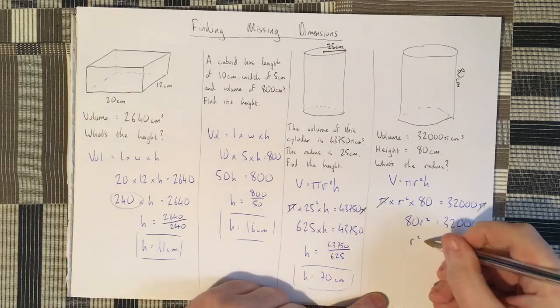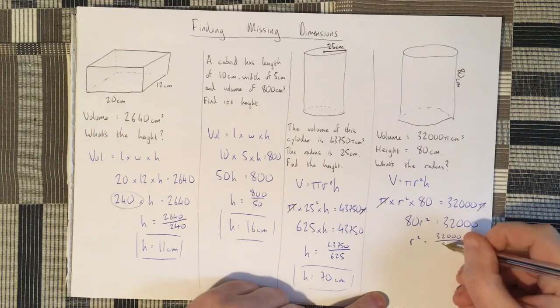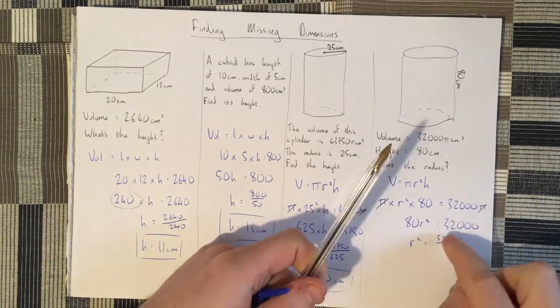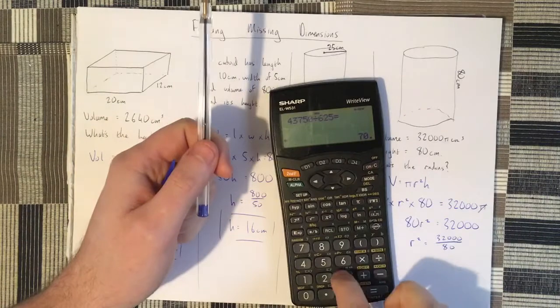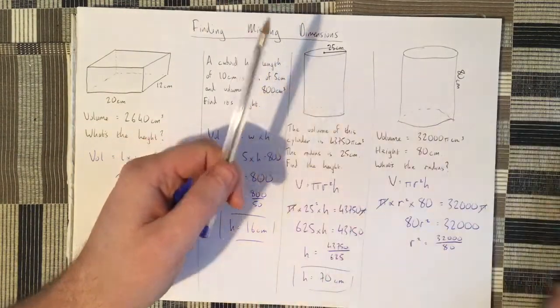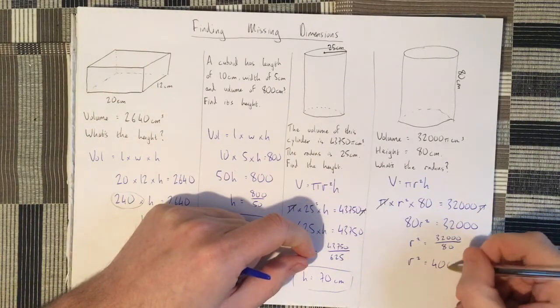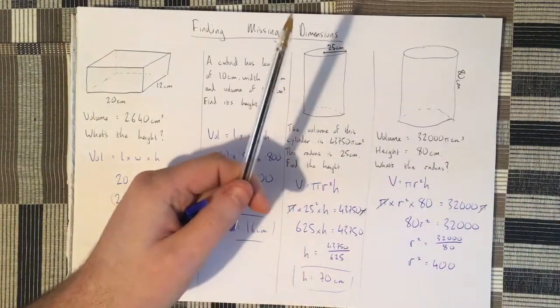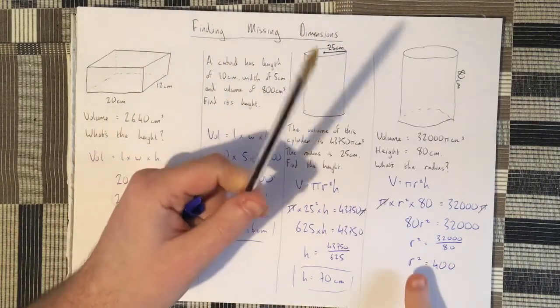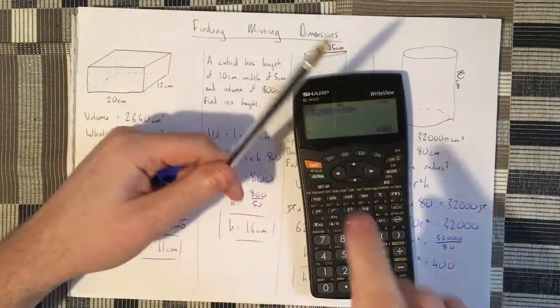So r squared is equal to 32,000 divided by 80. So let's do that. 32,000 divided by 80 is 400. So r squared is equal to 400. If you know r squared and you want r, it's the square root function that you use.